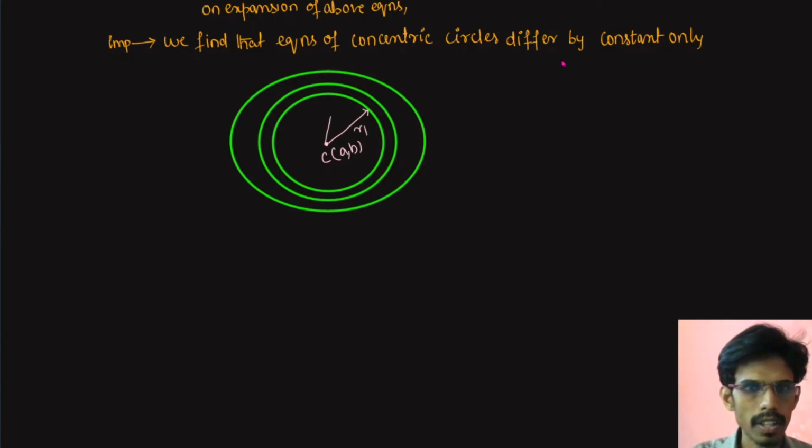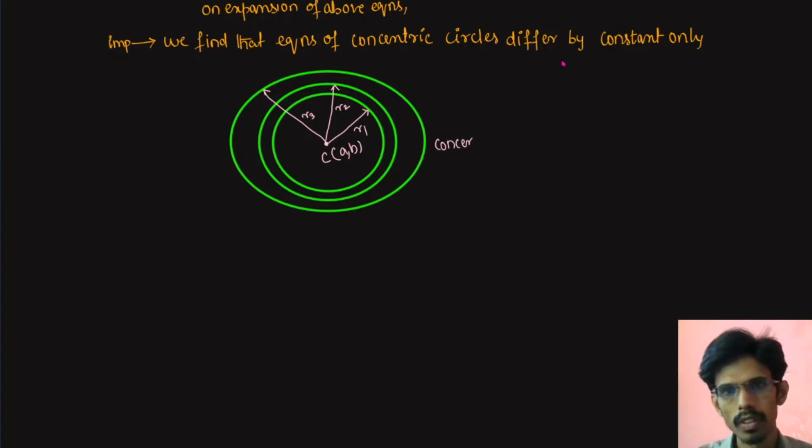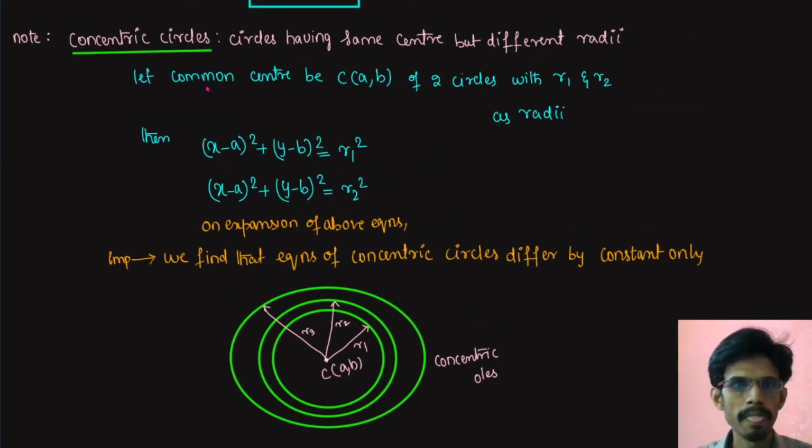For the second circle, the radius will be R2, more than R1. For the circle 3, the radius will be R3. But the center will be same. These kinds of circles are known as concentric circles. Concentric circle means center will be same but radius will be different.